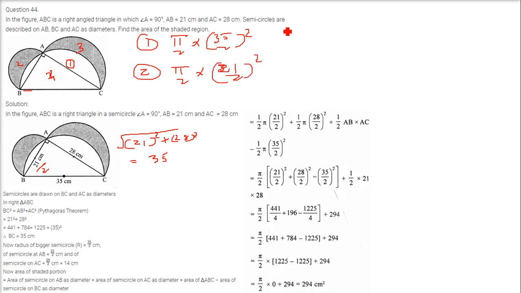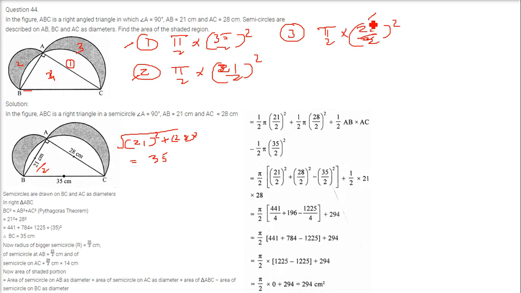Then the third one, which is this one. This will be pi by 2 into, the diameter is 28, so we'll take 28 by 2 whole square. This is the radius. Now what we have to do here is add the first one and the third one.